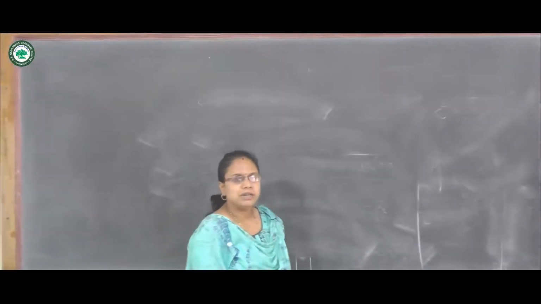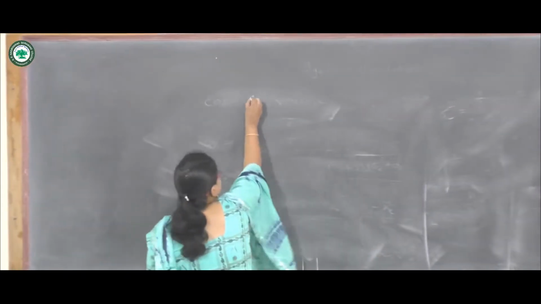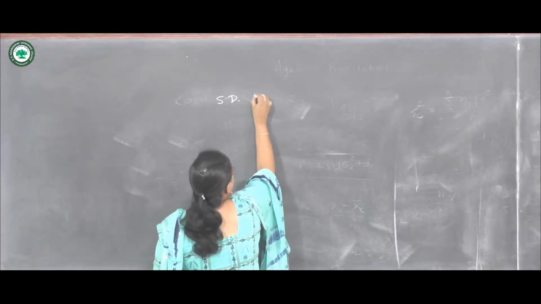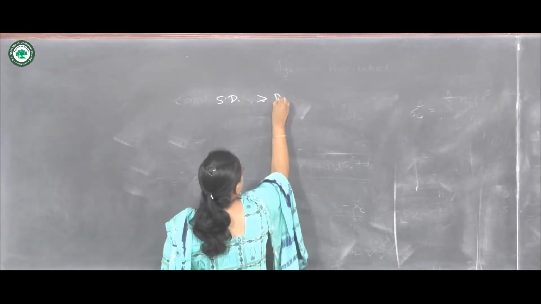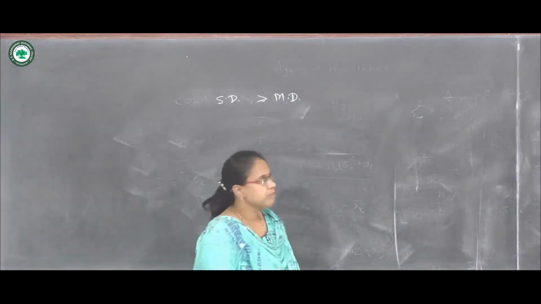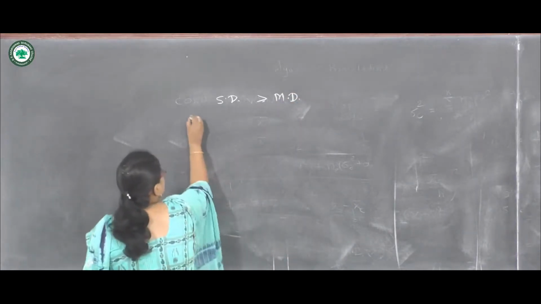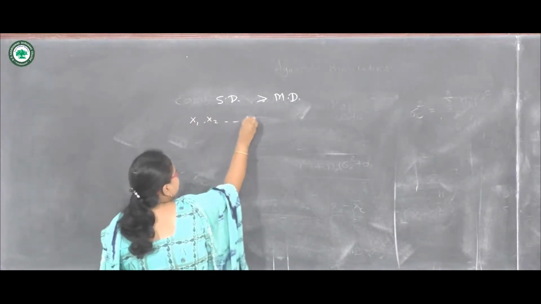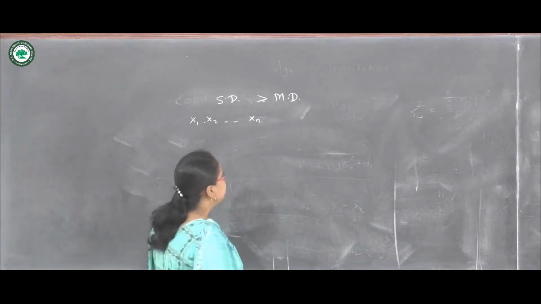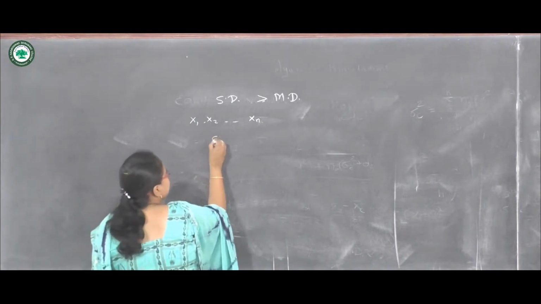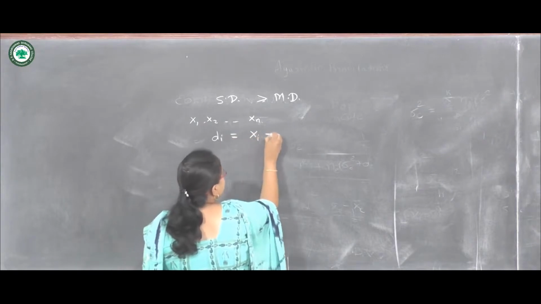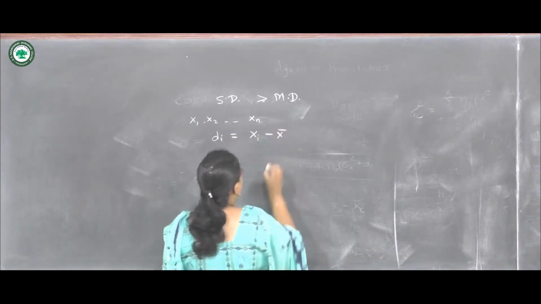Now let us see one more result, which is that standard deviation is always greater than mean deviation. So we will see its proof. Suppose x1, x2 and so on up to xn are the data. Then suppose di equals xi minus x bar.